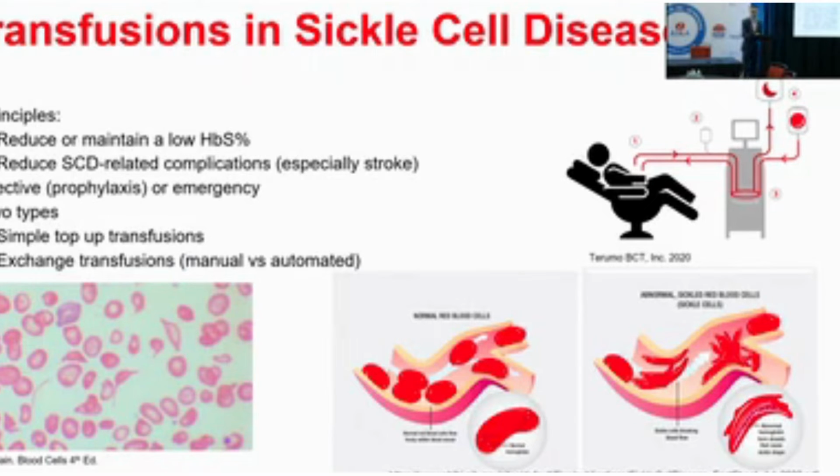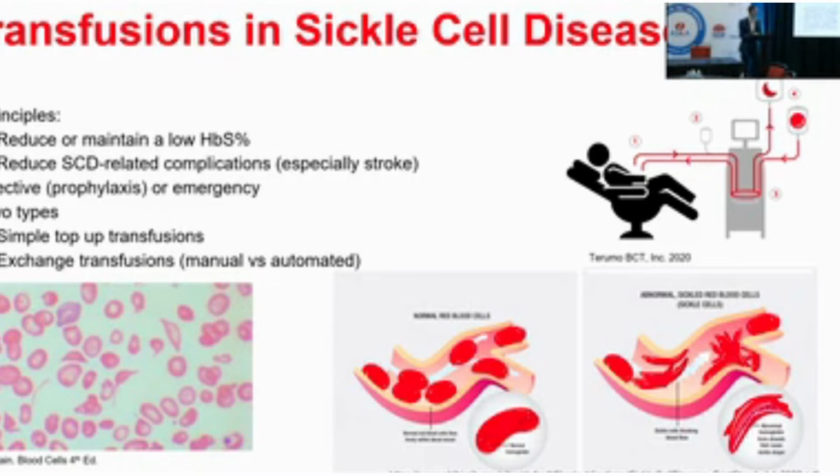So transfusion is an important form of management of sickle cell disease, and the principles of transfusions are to maintain or reduce the HbS percentage, and that in turn will reduce sickle cell disease related complications. Transfusions can be performed electively, as in the prophylactic setting, or during emergencies such as acute ischemic strokes or chest crises. And there are two types of transfusions: simple top-up transfusions or exchange transfusions, which can be further subdivided into manual or automated transfusions.